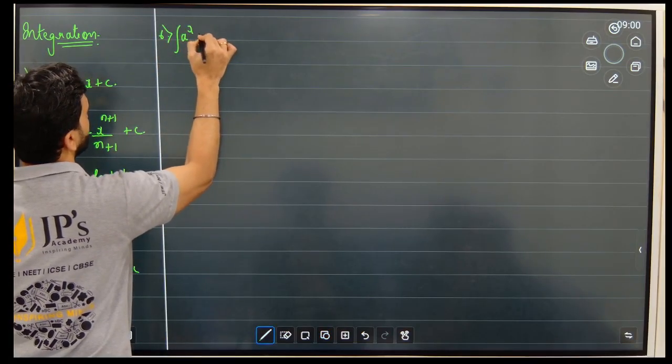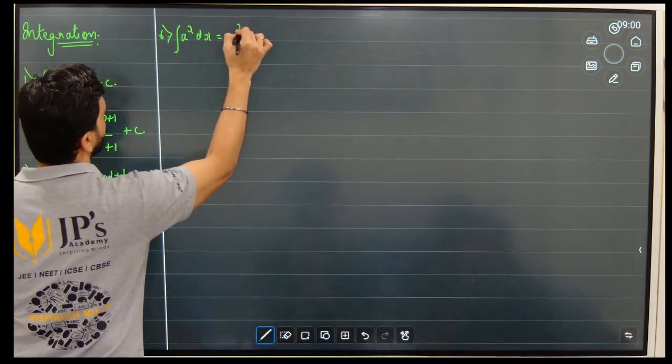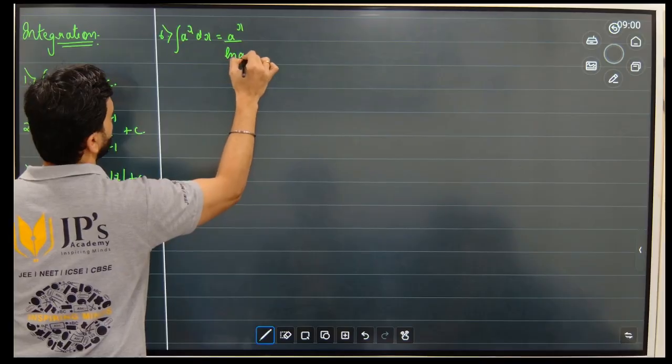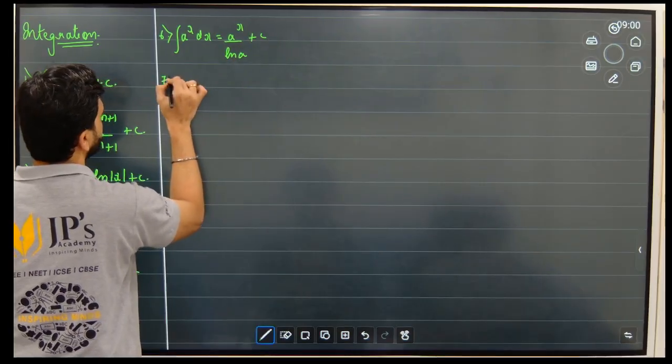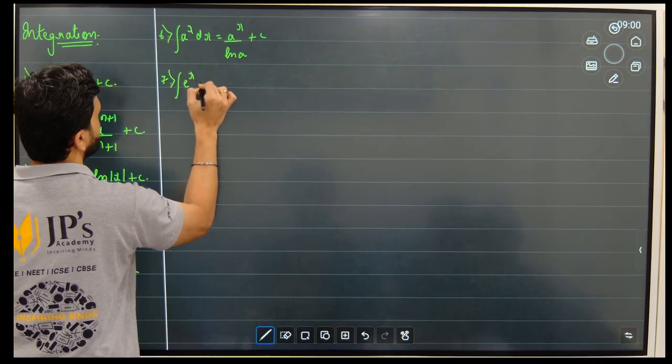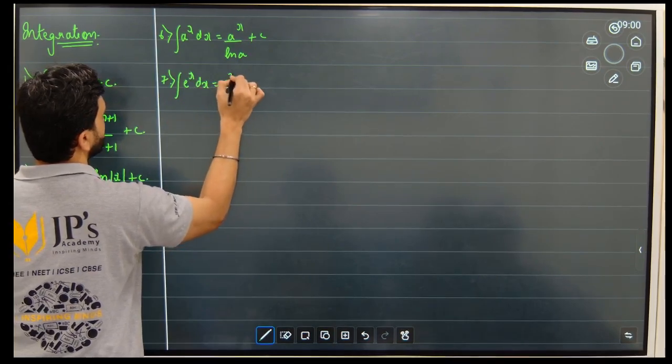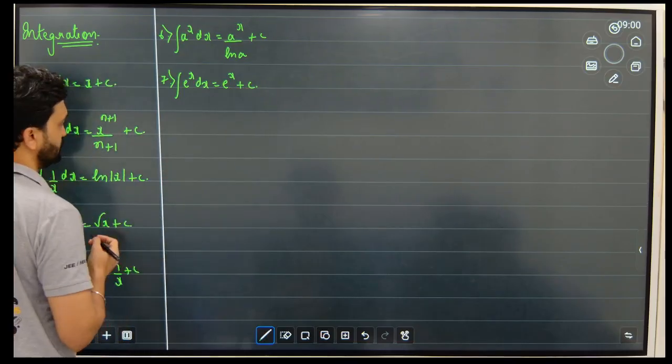Integration of a raised to x dx is equal to a raised to x upon ln a plus c. Integration of e raised to x dx is equal to e raised to x plus c.